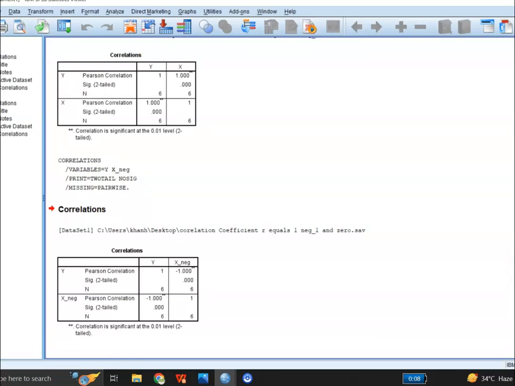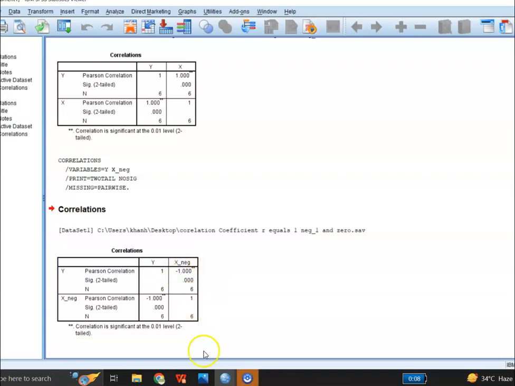Sorry, I made a mistake. So yes, this is exactly equal to -1. So there is perfect negative correlation between y and x.